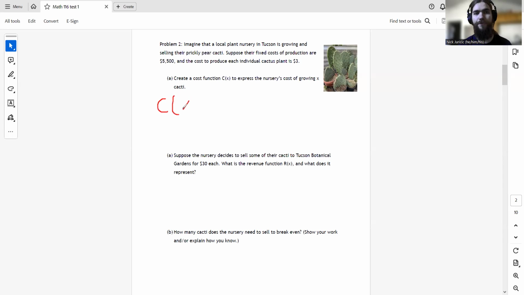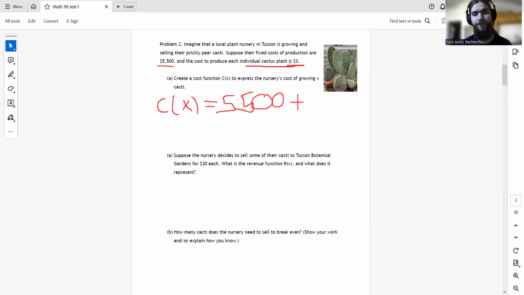In general, if we want to find a cost function, it's always going to be equal to the fixed cost plus the marginal cost times the number of units, or you could say fixed cost plus variable cost. So in this case, the fixed cost is $5,500, sort of like our y-intercept in this case.